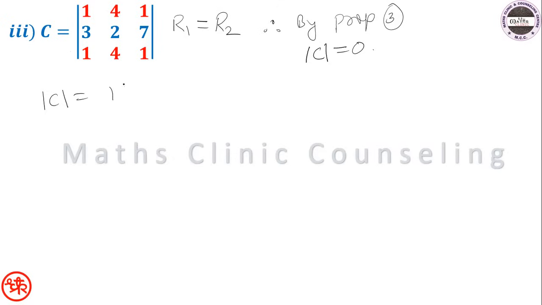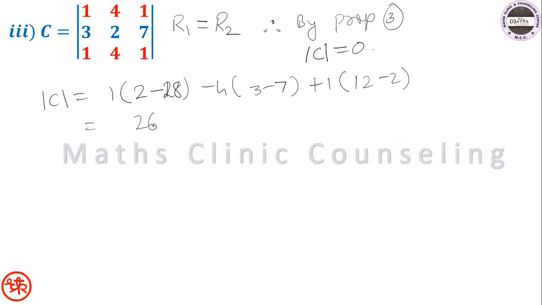The determinant of C is equal to 1 multiplied by 2 minus 28, 4 into 7, minus 4 multiplied by 3 minus 7, plus 1 multiplied by 12 minus 2. So it is equal to 2 minus 28, that is minus 26. Is that clear? And here, 3 minus 7 is minus 4, into minus 4 is plus 16.